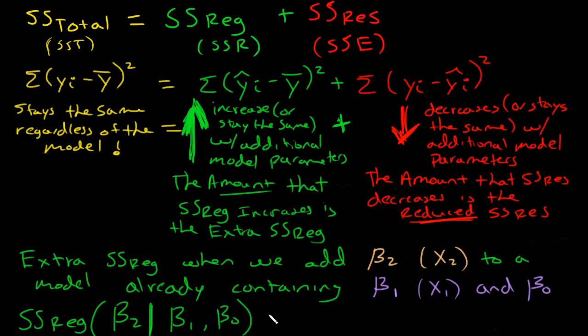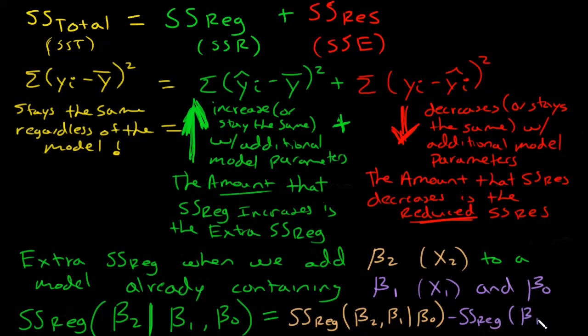This is going to equal the sum of squares regression for the big model, the model with both beta 2 and beta 1, minus the sum of squares regression for the small model.